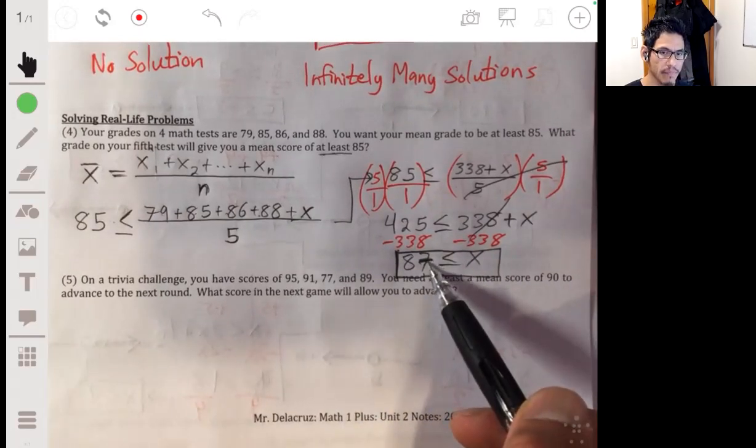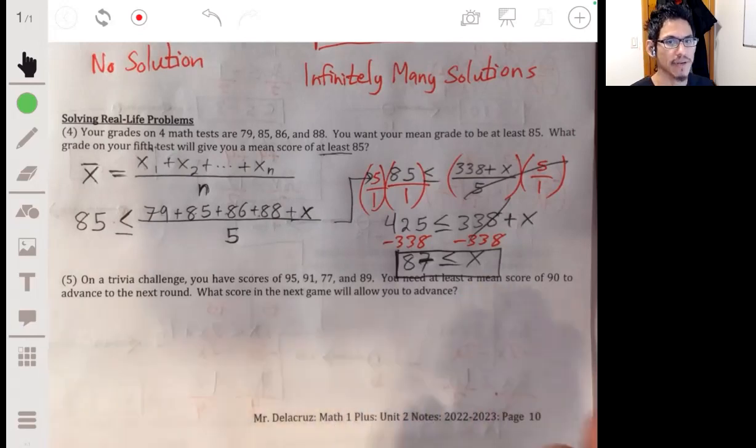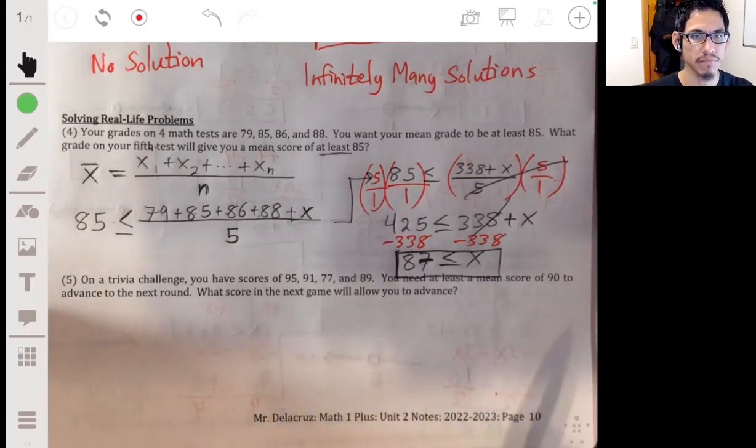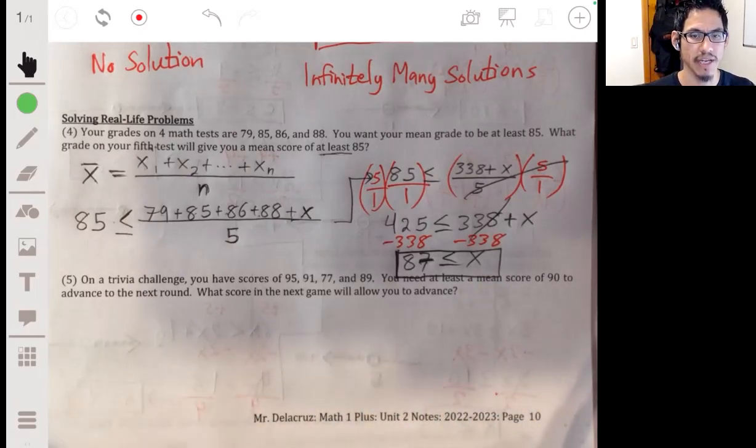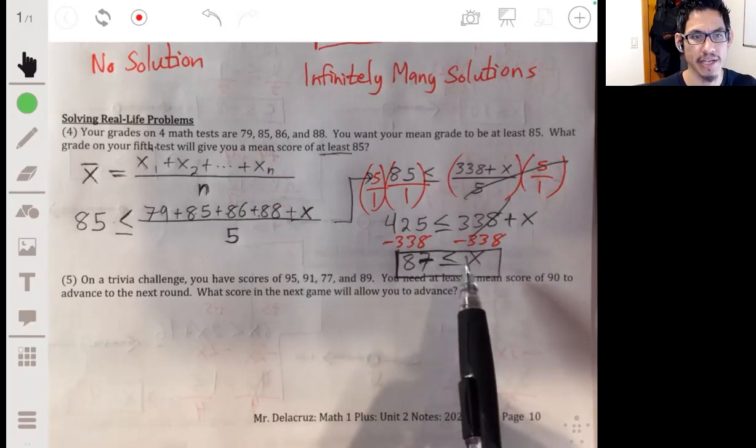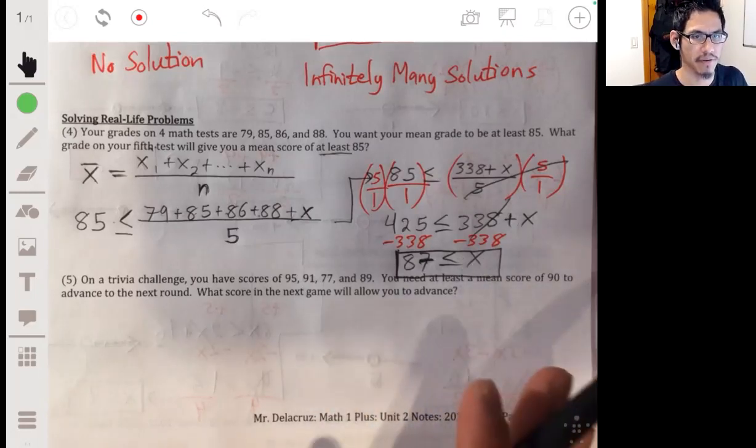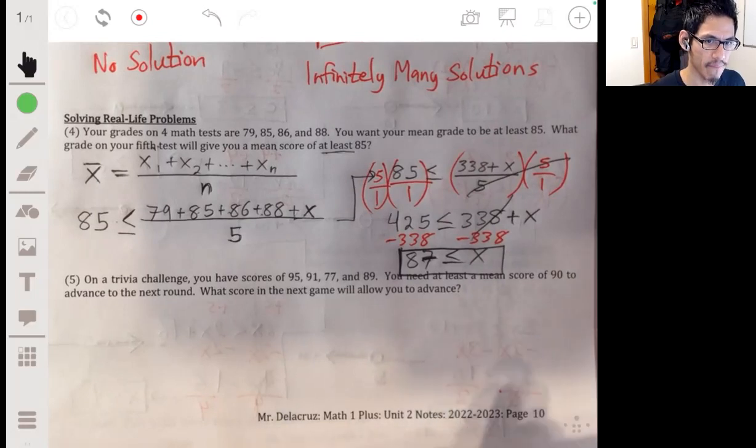Okay, and that's your answer. So you want to get at least a score of 87 on your next test. And if you get more, you get 88, 89, 90, that's good. That's even better. It's going to make your mean higher.